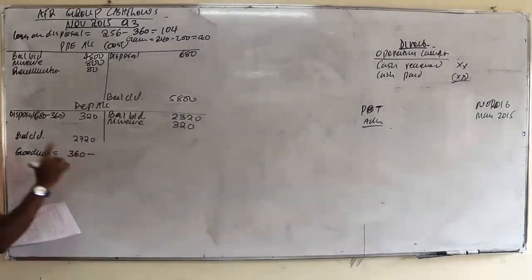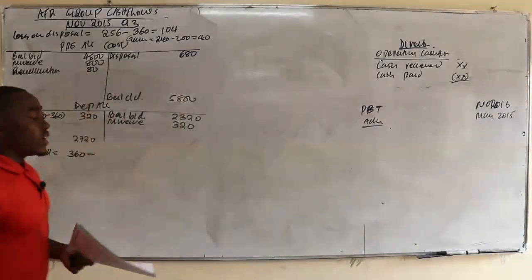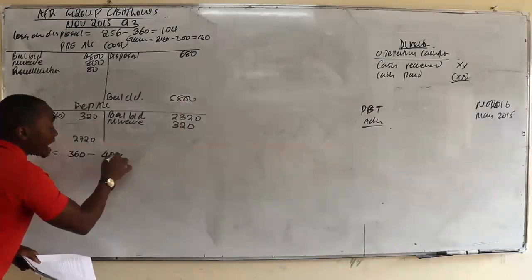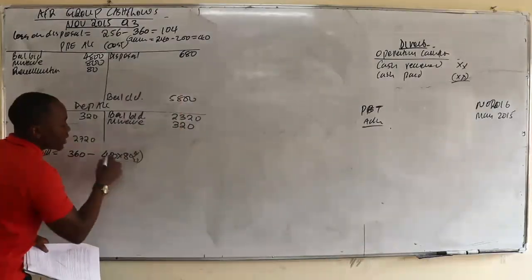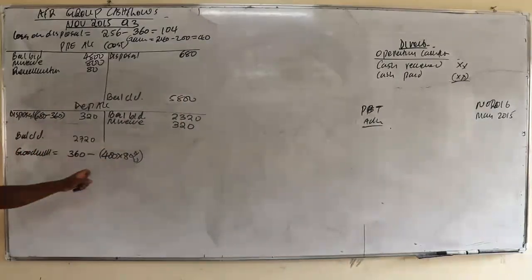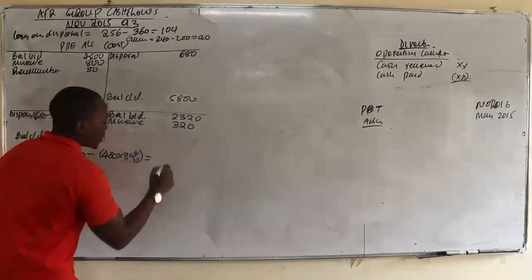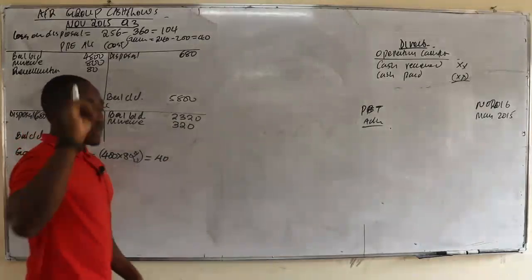You less the net asset acquired. Note number 2. How much is the net asset acquired? 400, but you only acquired 80%. So you take 80% of 400, then 360 minus that. The difference between the two goes to the goodwill, an amount of 40. That means our goodwill increased by 40.